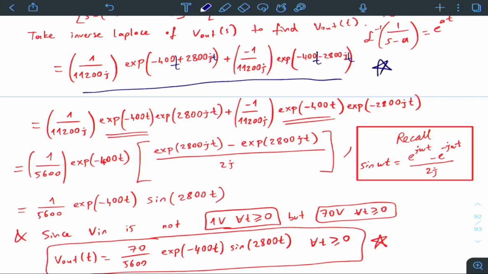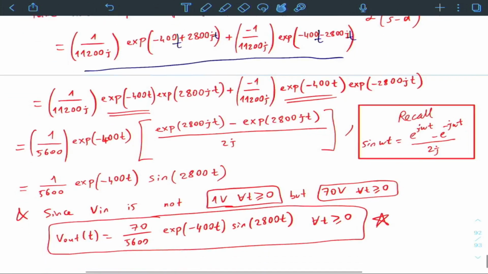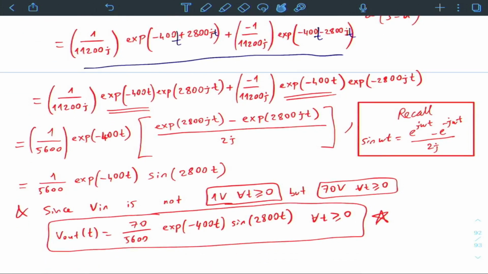At this point, it's like the problem is solved, but it is usually the case where they want you to arrange the terms and get rid of these imaginary terms. So since we have exp of minus 400t plus 2800jt, let's do it like this: e to the a plus b t equals e to the at times e to the bt.